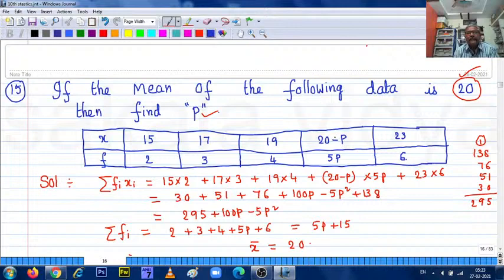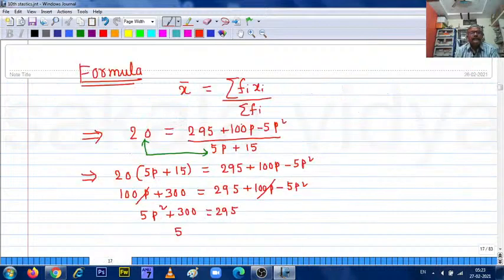This must be plus p. If you take plus p here, this also becomes plus, and here also plus.